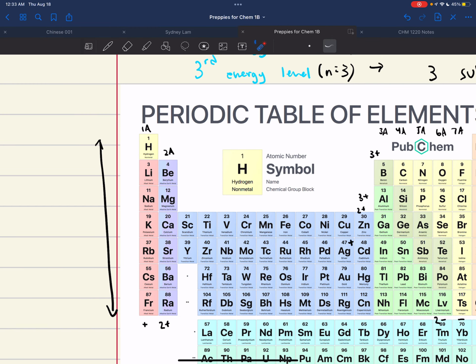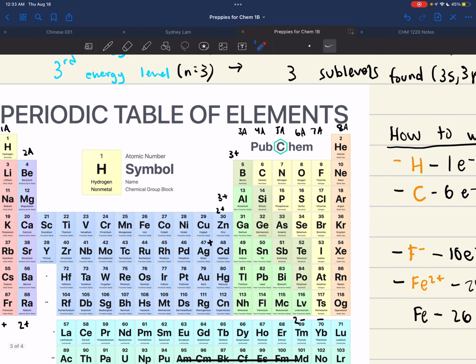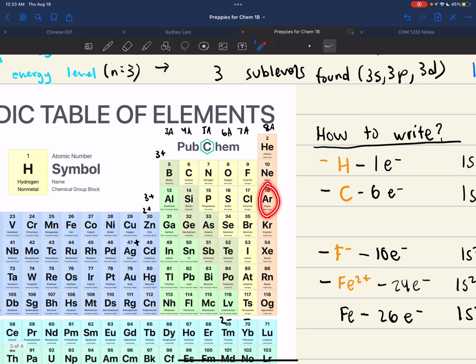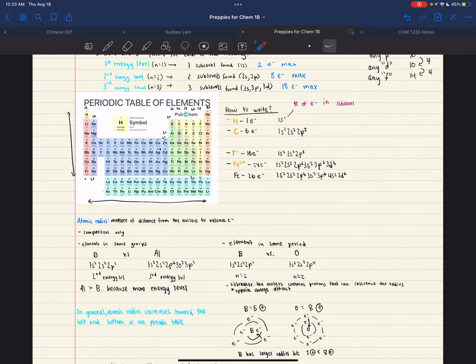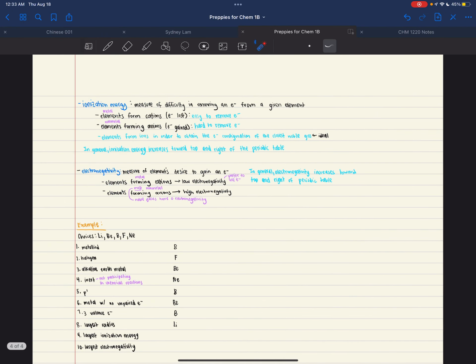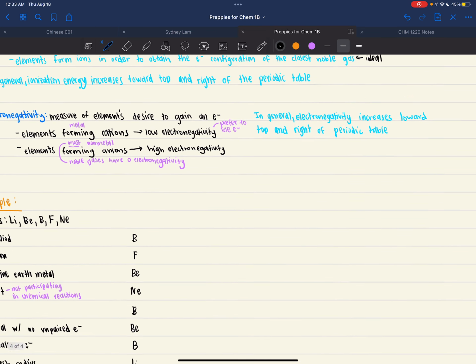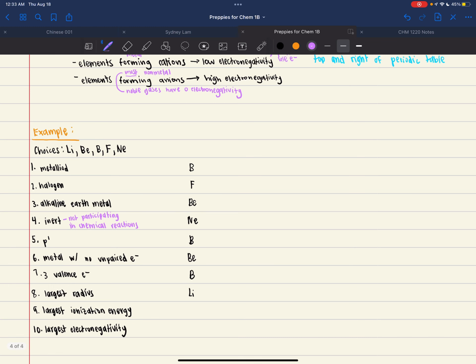So even if you have lithium all the way over here, and argon all the way over here, the energy level would make it so that argon has a larger radius. So down is always the rule, and then if it's on the same row, then it's to the left. Just remember that.